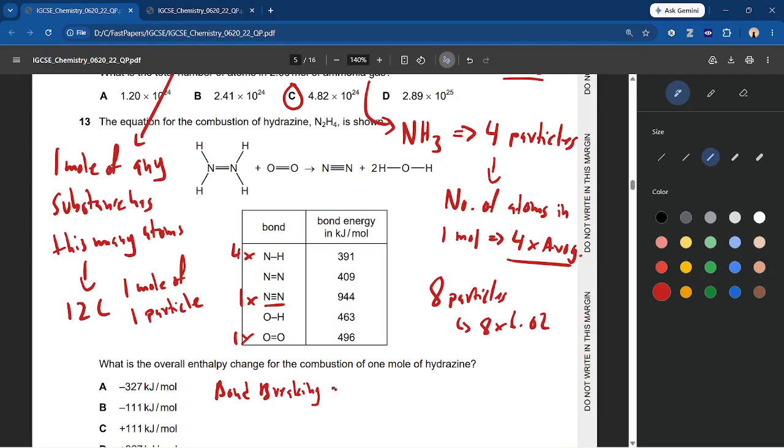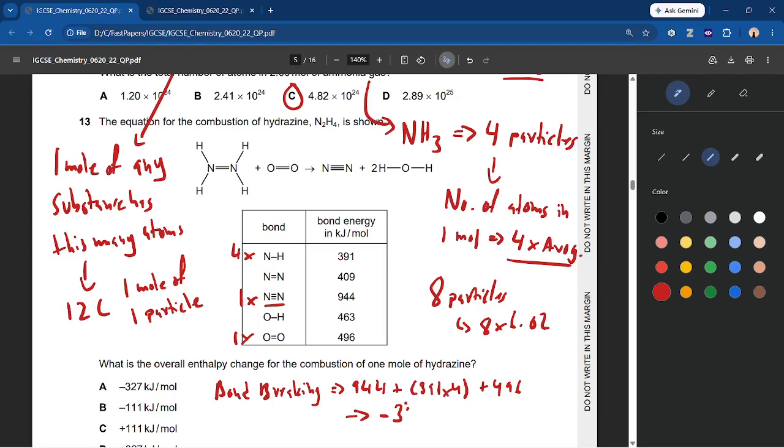So this will be 944 plus 391 into 4 plus 496. Let me just put that into the calculator: 944 plus 391 into 4 plus 496, 3004.